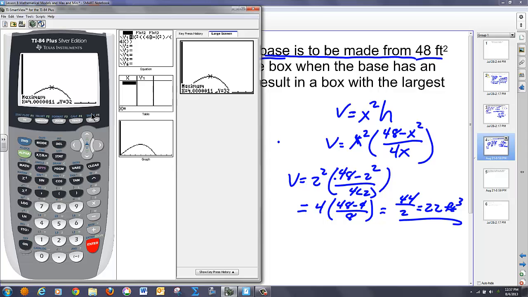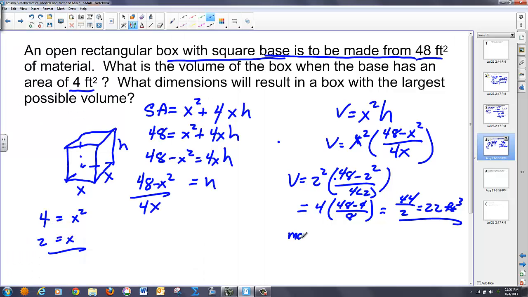Pretty close to 4. I'm going to call it 4 for our argument's sake. So I have a max volume, I believe that was 48 cubic feet. Yep.